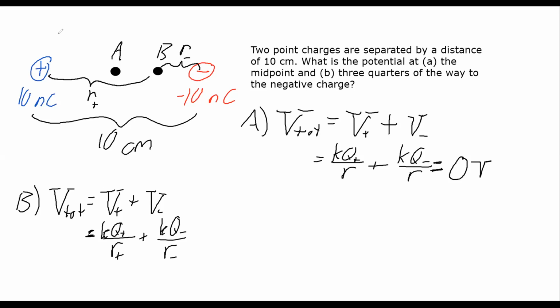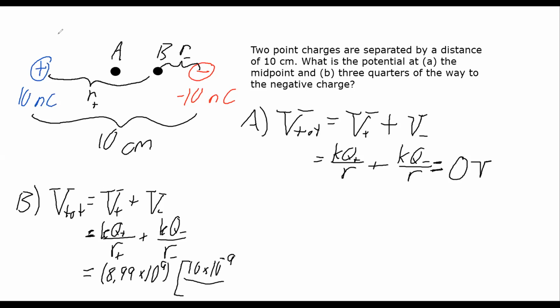I just got to plug in. So remember, I'm going to factor out my K. K is your 8.99 times 10 to the 9. And then I have Q positive, which is 10 nanocoulombs, over the distance.